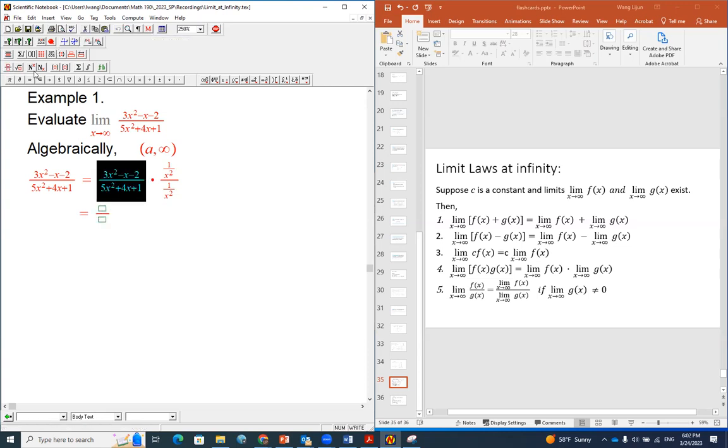So what do we have here? We copy and paste here. This is divided by x squared, and that piece is divided by x squared, and that piece is also divided by x squared.